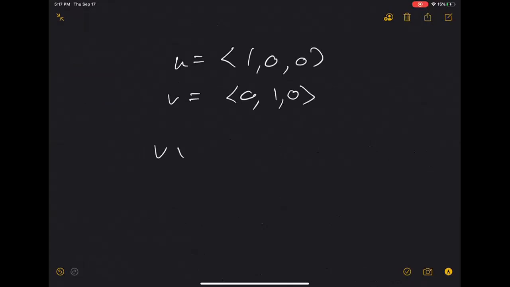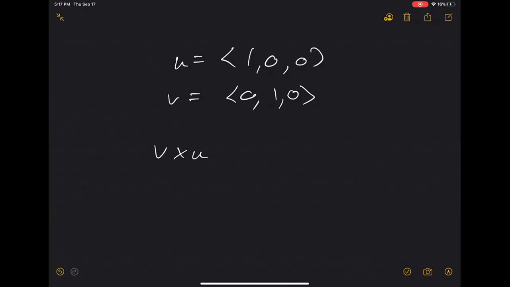Which direction does v cross u point in? v cross u. Let's see, 11, 12. A couple of you answered u cross v. And this is maybe a good warning for you guys.